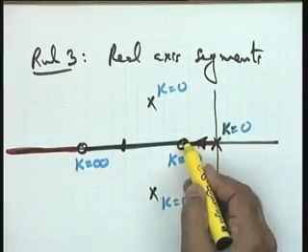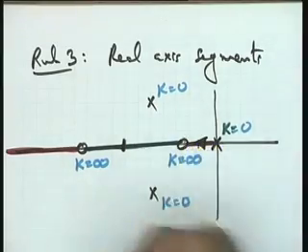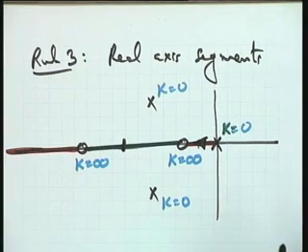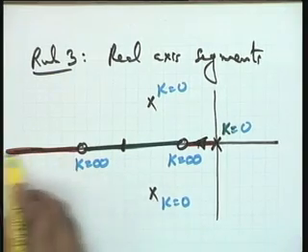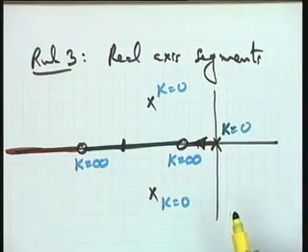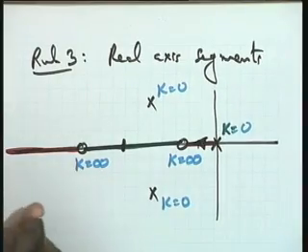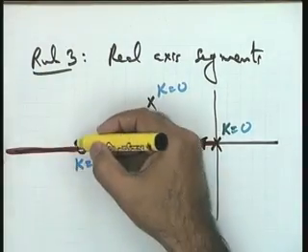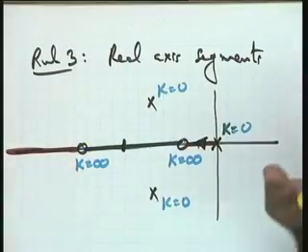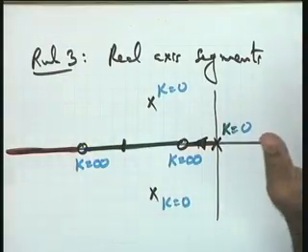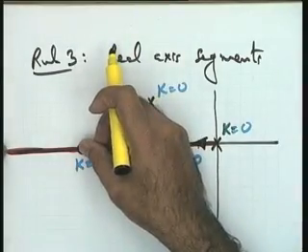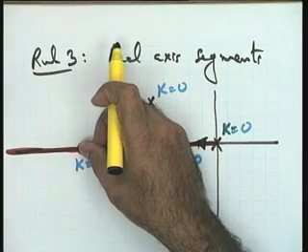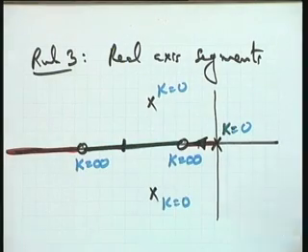It cannot reach this point through any other route, as you will see by other rules. So this is one branch. Now this total thing lies on the root locus, though not necessarily as a single branch. My statement is that this total segment lies on a root locus plot, and I did not say that this constitutes a single branch of the root locus.